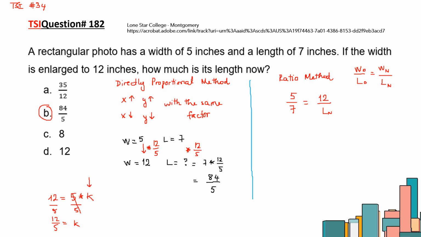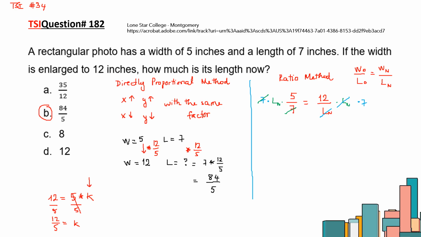So how do we solve for this? We multiply Ln on both sides so that we can cancel the Ln on this side. Now we continue to multiply 7 on both sides so that we can cancel the 7 on the left side.